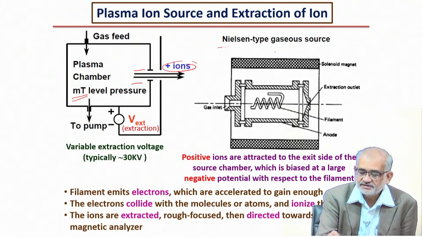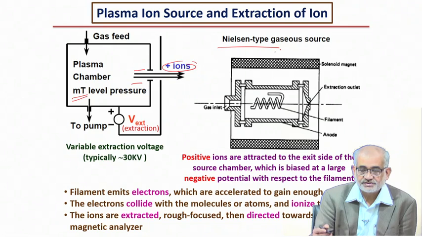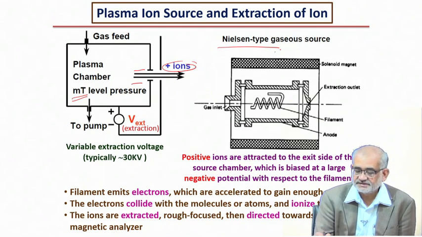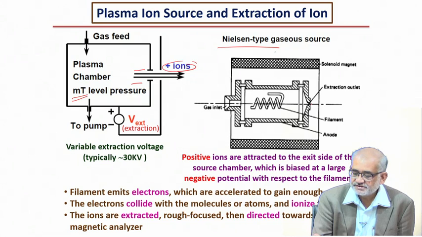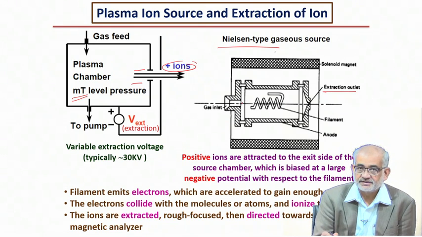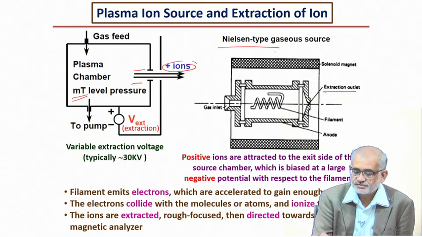So this is a typical Nielsen type gaseous source in which you can produce these ions of desired nature, and then through this narrow orifice you extract the ions that you want.